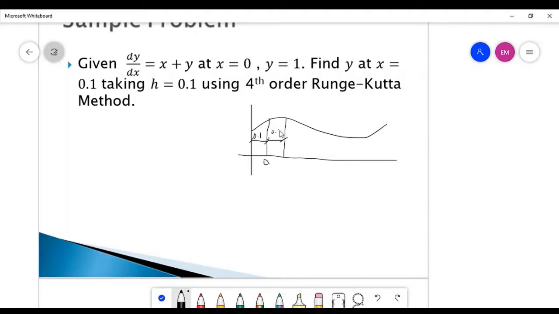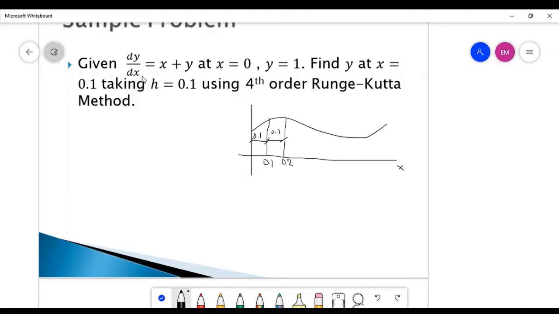Again, the step of your x is the same as the step of your h. It just so happens here that your x is also equal to 0.1. This is for the x. For example, if the problem asks for 0.2, then we need this one too, because 0.2 is here. So if your problem asks for the value of y at x equal to 0.2, we will do the process twice.